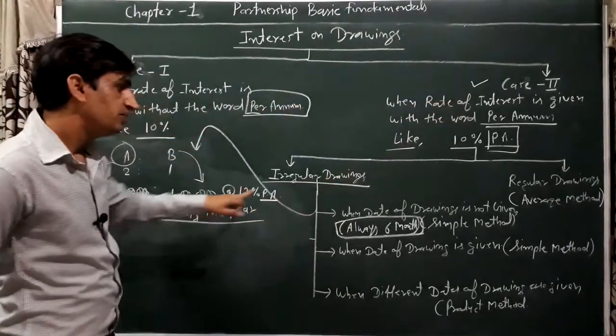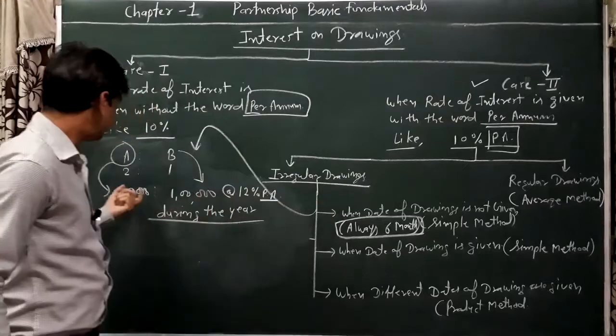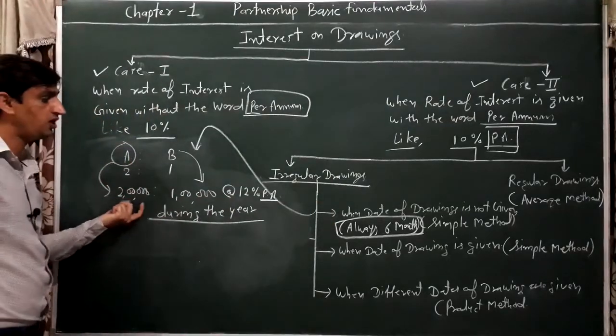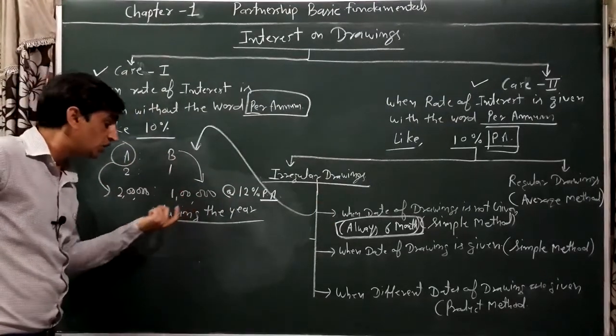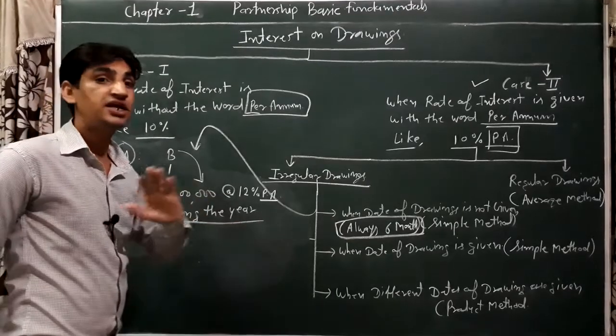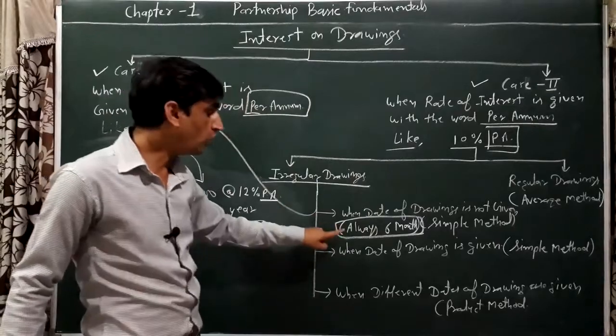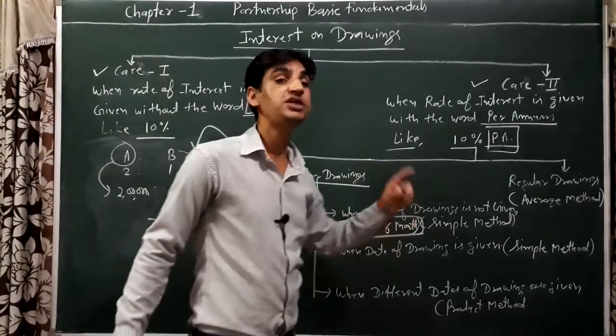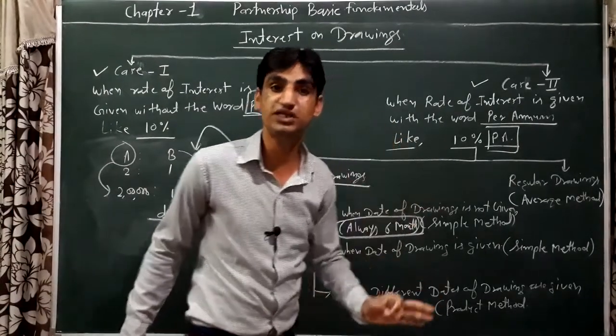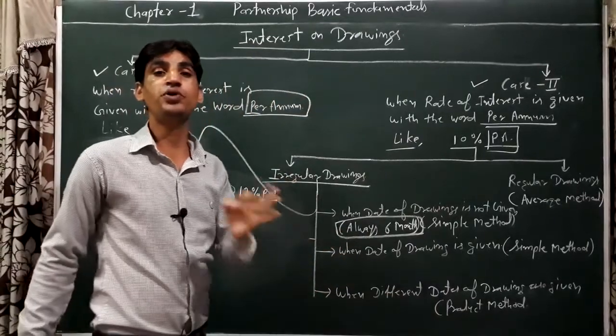And the drawings are irregular drawings. Mr. A withdrew rupees 2 lakh and Mr. B withdrew rupees 1 lakh during the year. The date is not given in the question. In such a situation, always 6 months interest will be calculated when the date of drawing is not given.